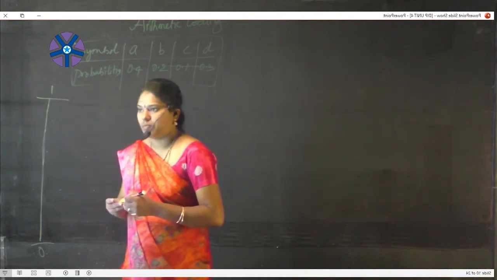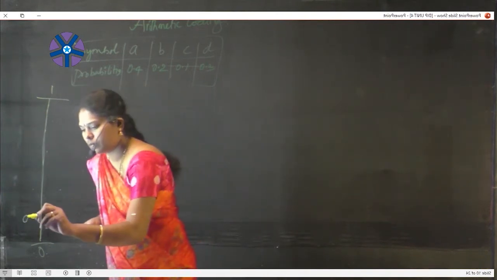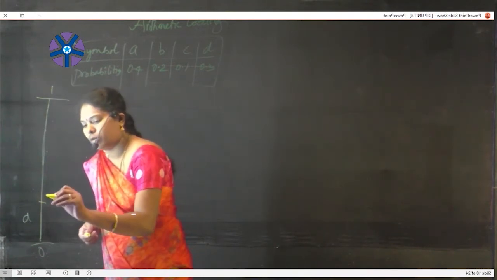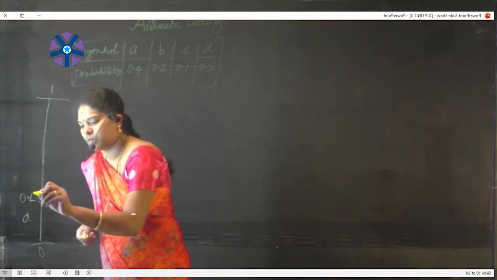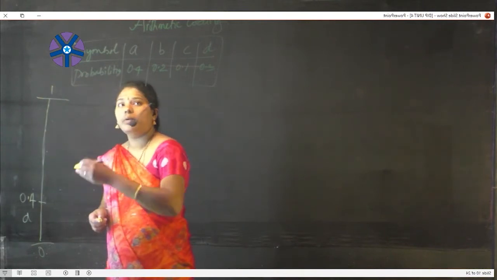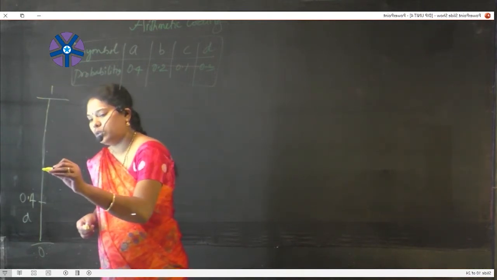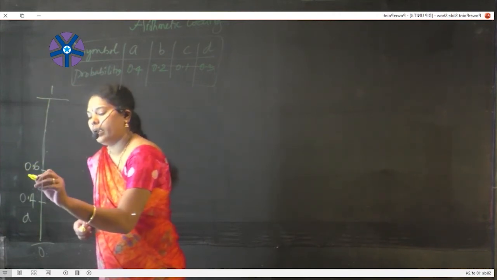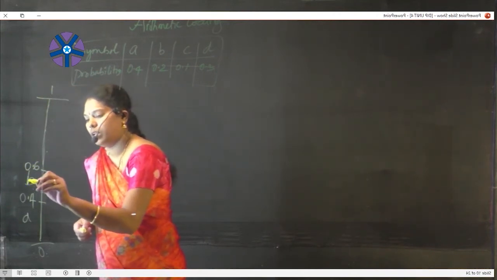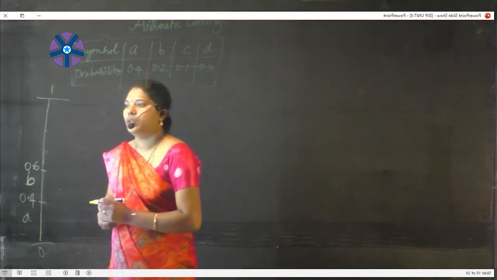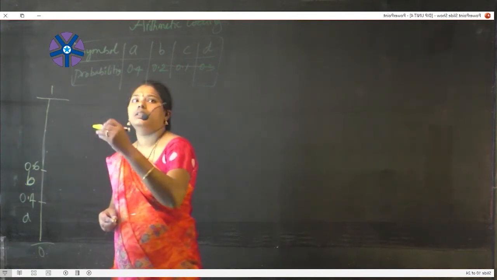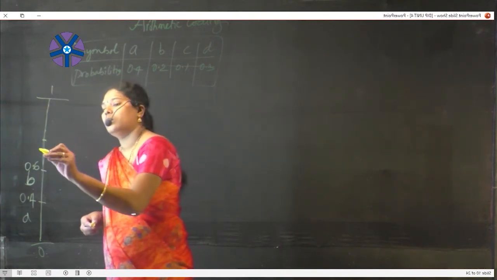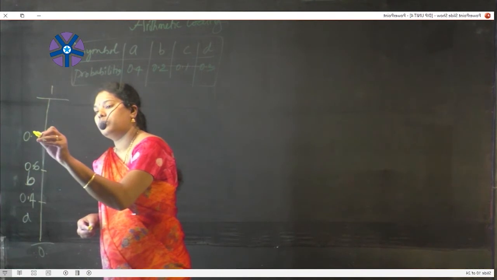The first symbol is A, and the probability of the first symbol is 0.4. Next, accumulate the next probability, that is 0.2: 0.4 plus 0.2 is 0.6, and that is the range of letter B. The next letter is C: add 0.6 plus 0.1, that is 0.7.